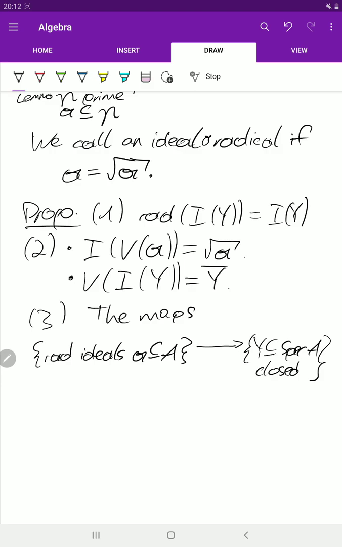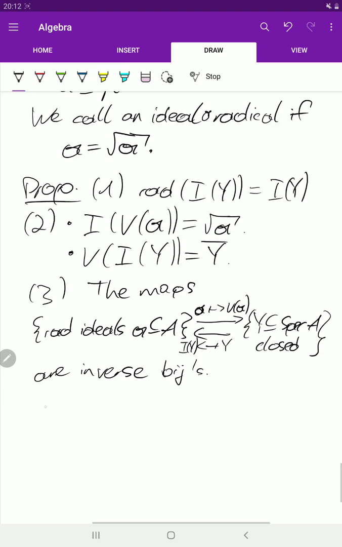On the one hand, that's just the vanishing, and then we get a map in the other direction, namely Y gets mapped to I of Y, and these maps are inverse bijections, so that's quite easy to see from 2.